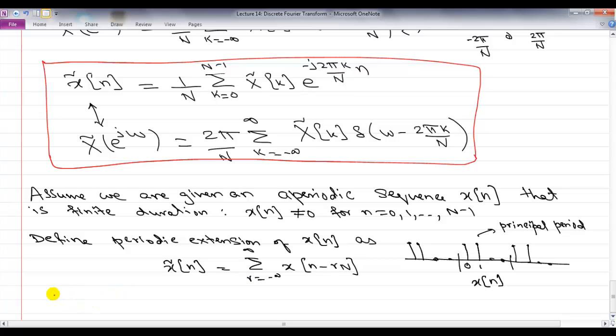So if I convolve x of n with delta of n minus rN, I get x of n minus rN, right? Due to the convolution property of my delta.